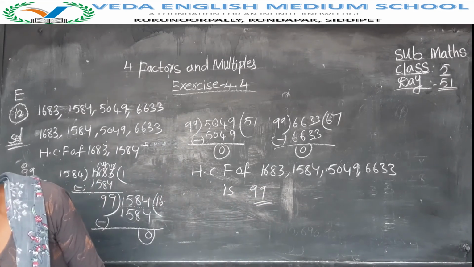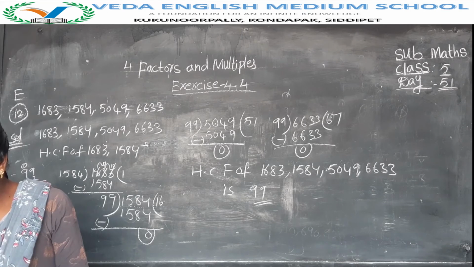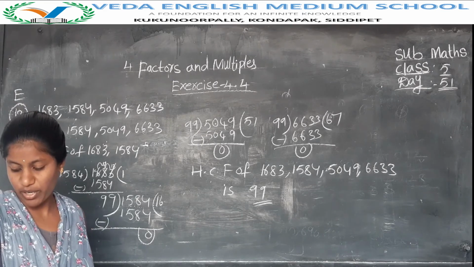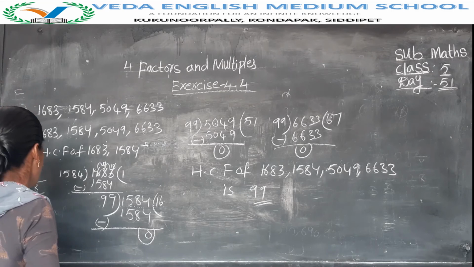Next question. Find the greatest number that divides 56 and 84 exactly. That means for 56 and 84 we have to find the HCF.